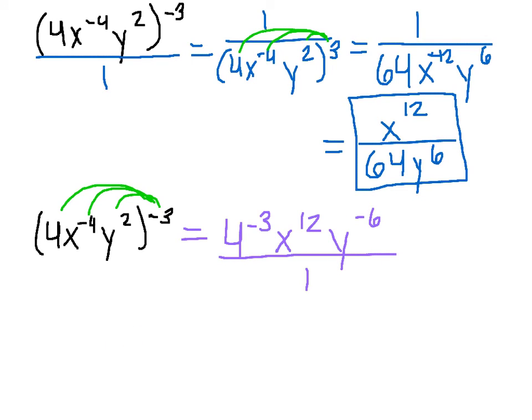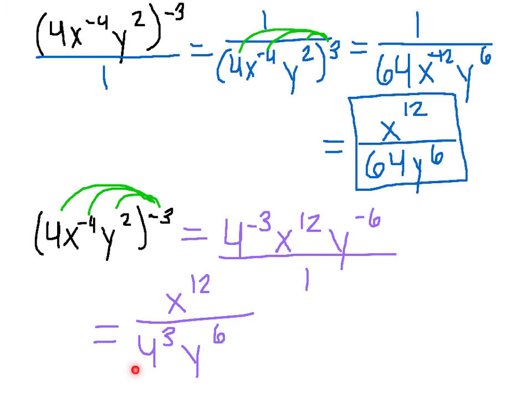I'll start rewriting the problem down there. Once I move both of these, I still have that x to the 12th power on top. In the bottom, I now have 4 to the positive 3rd power and y to the 6th power. Because I moved it to the bottom, it changed from a negative exponent to a positive.